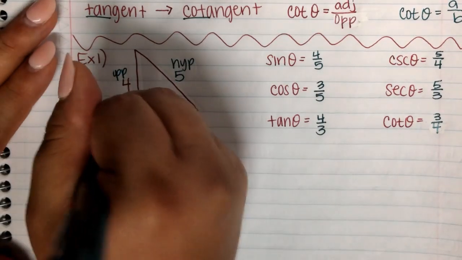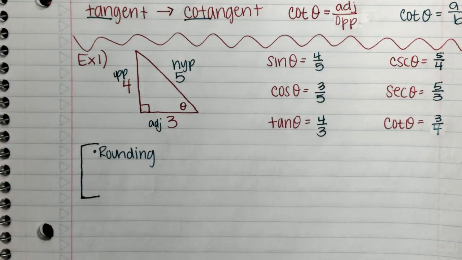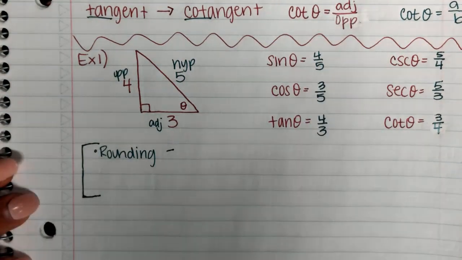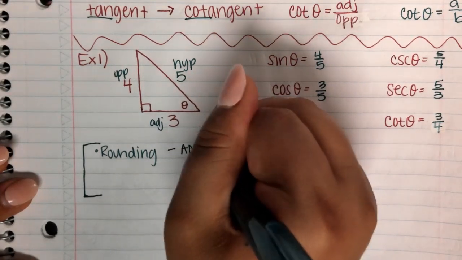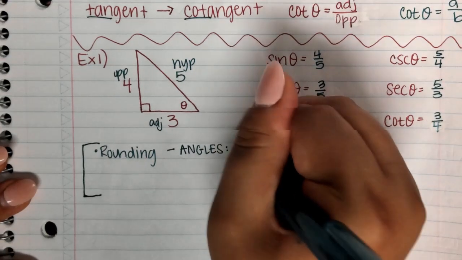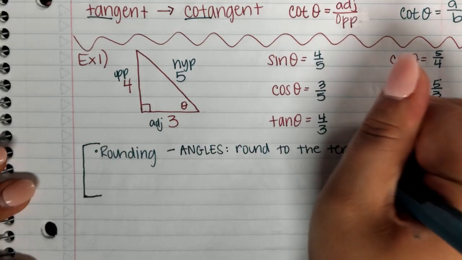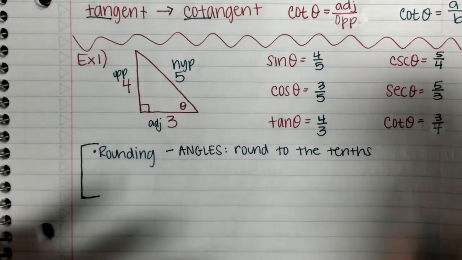First things first is rounding. When you're solving, you're going to either be solving for a side or an angle. Do y'all agree? So, if you are rounding for an angle, we are going to round to the tenths place. What does that mean? How many decimals is that? 1 decimal.